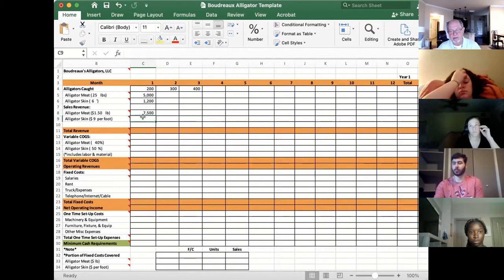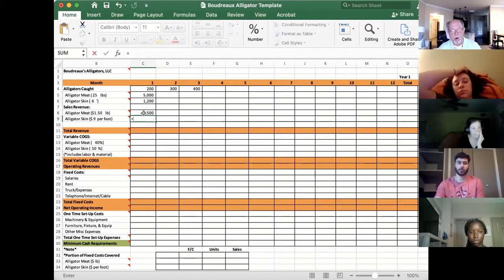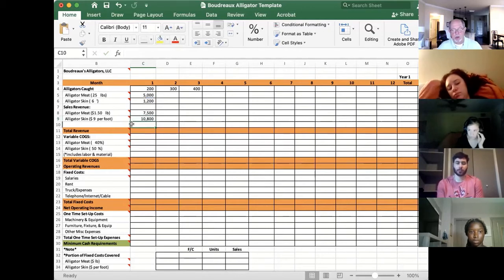Now in skins, we know that we're going to have 1,200 feet of skins times $9. So we've got a total revenue.